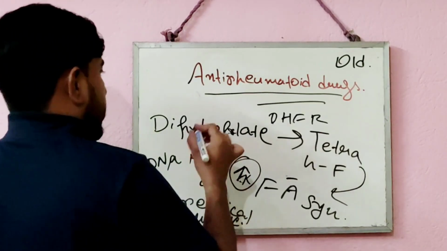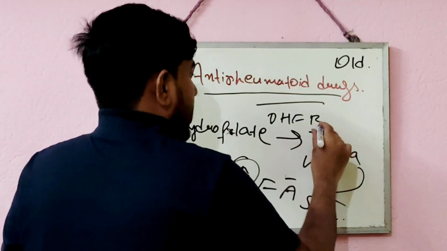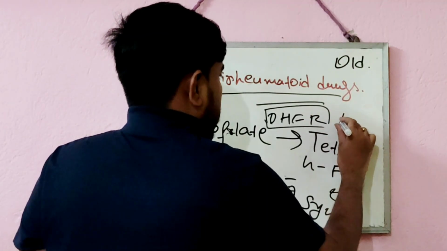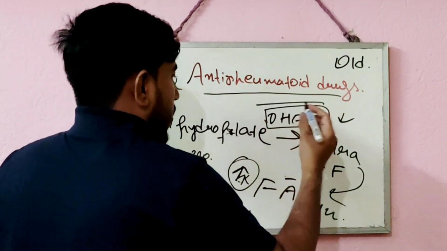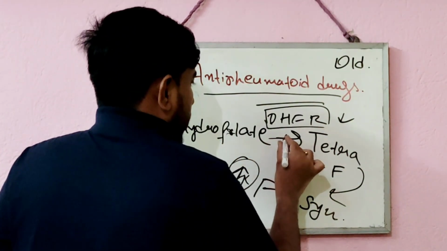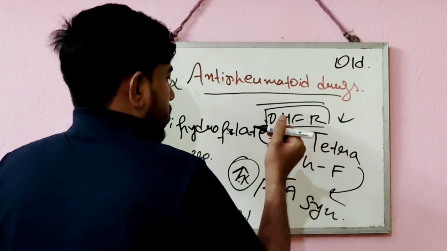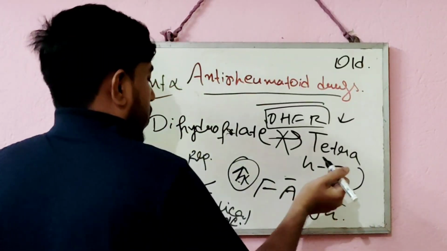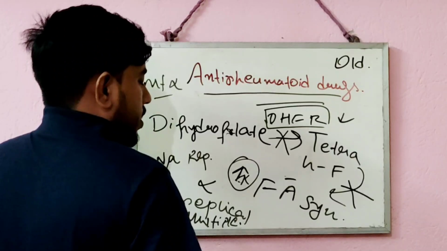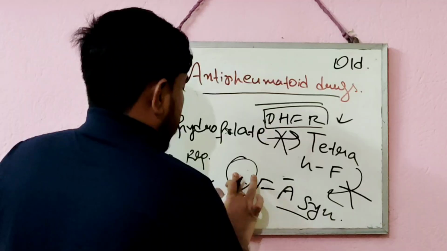So now what will methotrexate do? Methotrexate will inhibit the action of the dihydrofolate reductase enzyme. So what will take place? Because of that reductase inhibition, dihydrofolate can't be converted into tetrahydrofolate. If dihydrofolate is not converted into tetrahydrofolate, that will lead to non-synthesis of folic acid, or folic acid synthesis will reduce highly.